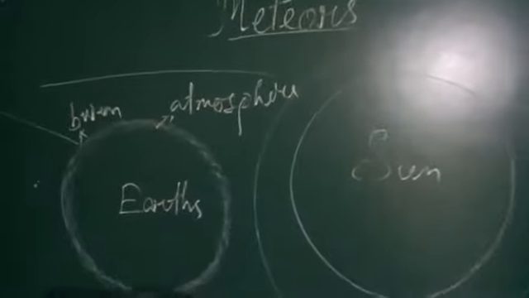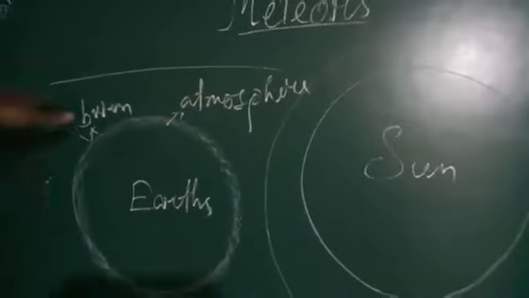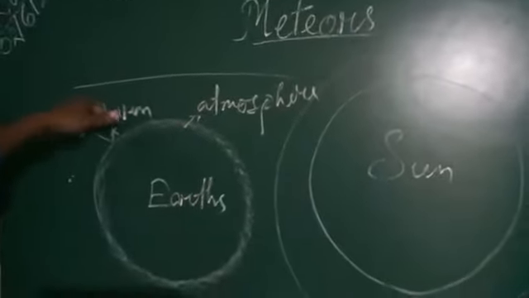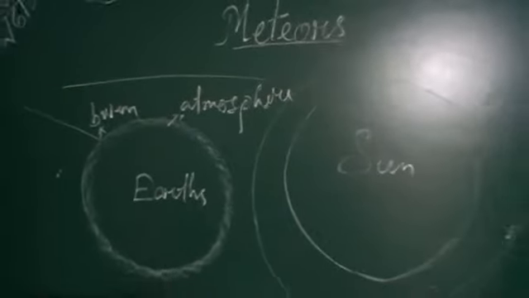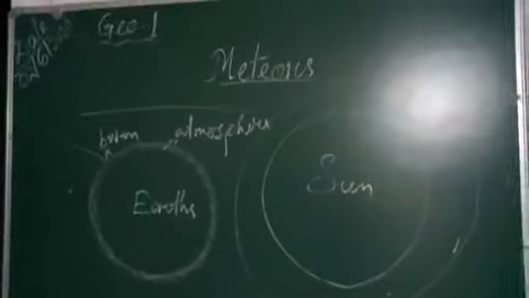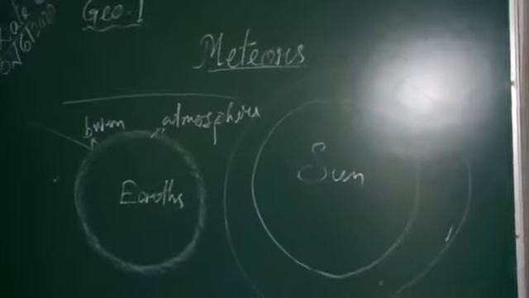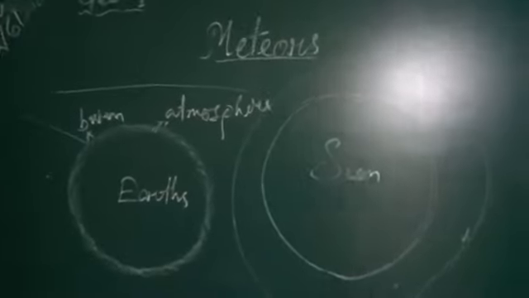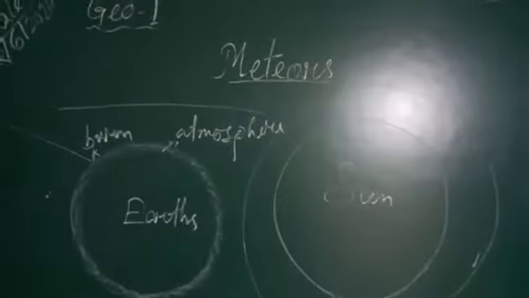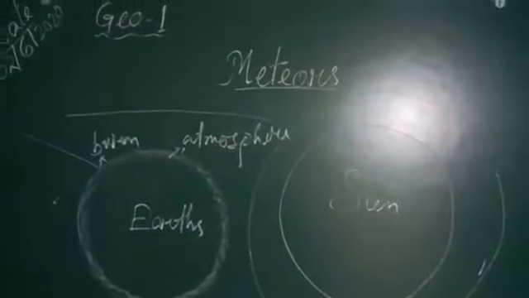Some of them are very big. Most meteors are small, but some are big also. When the big ones try to enter the Earth's atmosphere, they do not burn up.